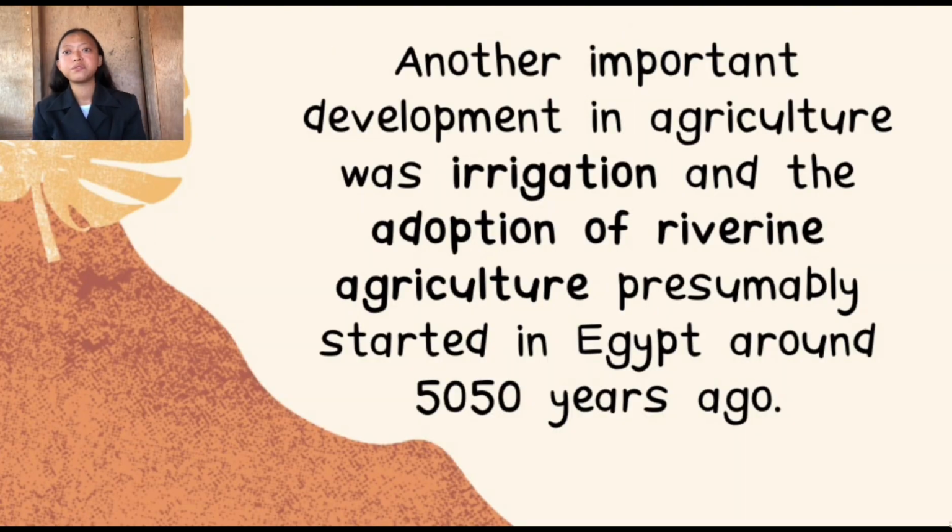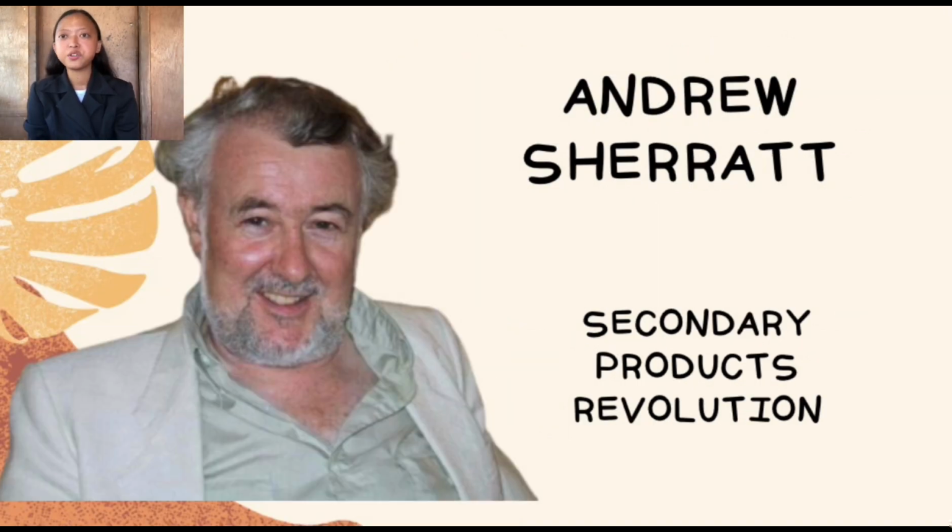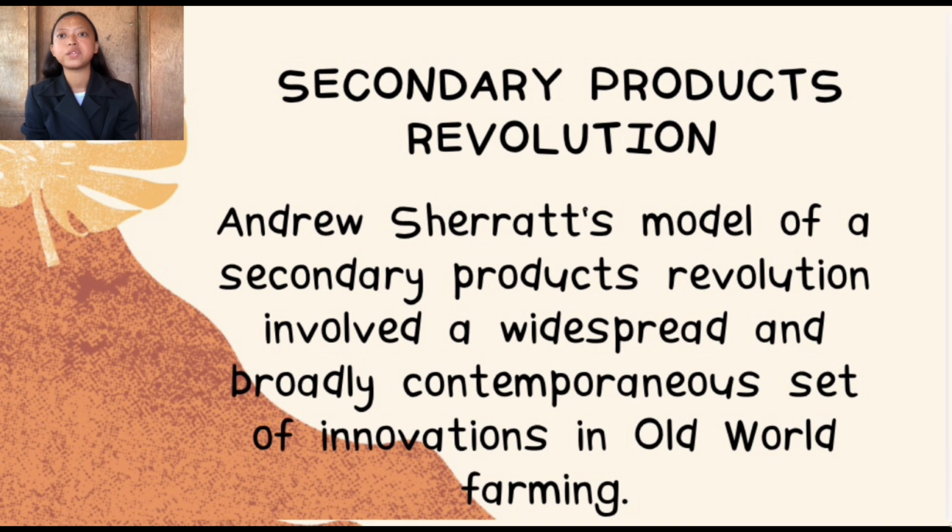Another important development in agriculture was irrigation and adaptation of riverine agriculture, presumably started in Egypt around 5,050 years ago. Andrew Sherratt's model of the secondary products revolution involved a widespread and broadly contemporaneous set of innovations in Old World farming.